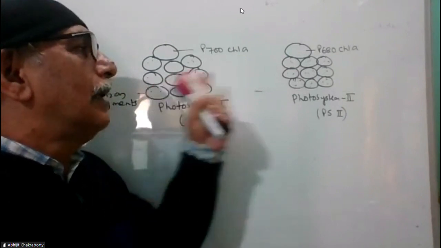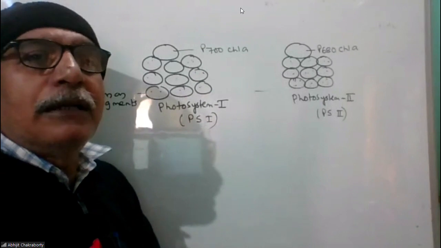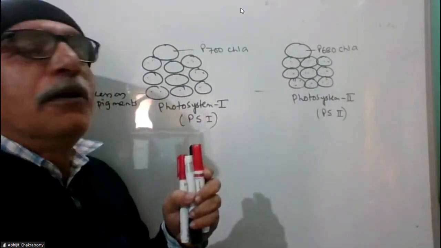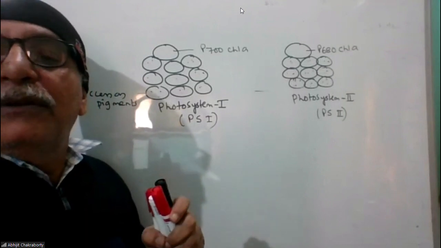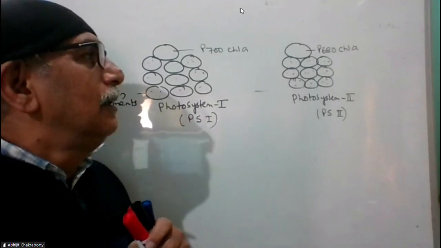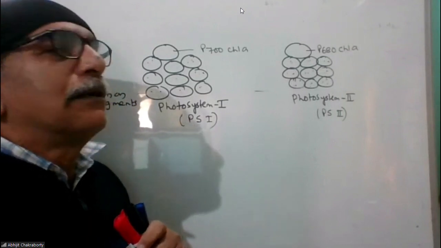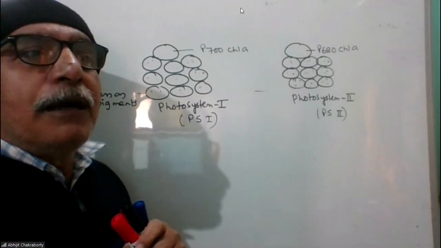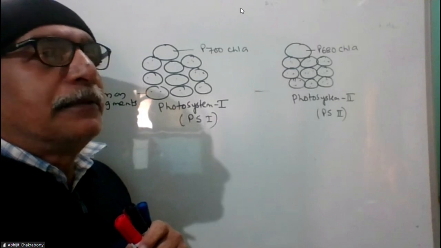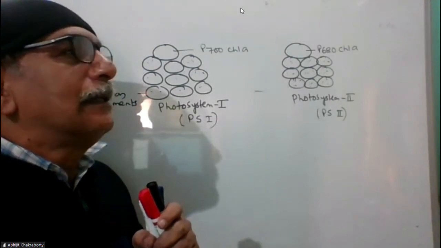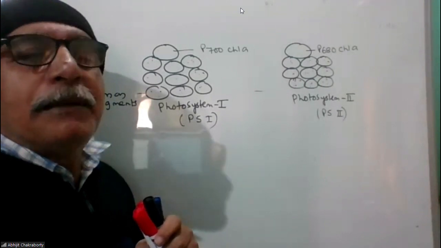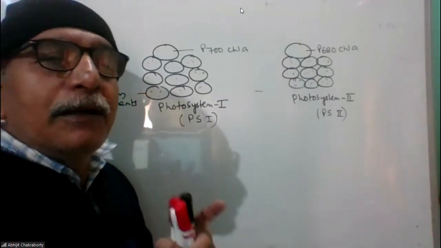Both are light harvesting complexes, because a lot of photosynthetic molecules are present here. P680 and P700 are in the light harvesting complex. Whenever a photon comes, first of all the accessory pigments absorb it and send it to the P700. That is one role.